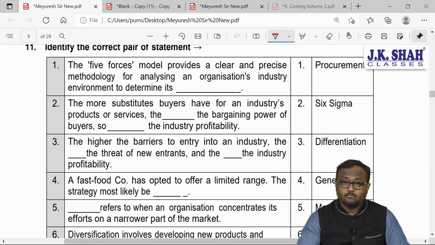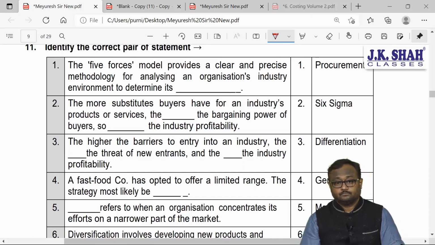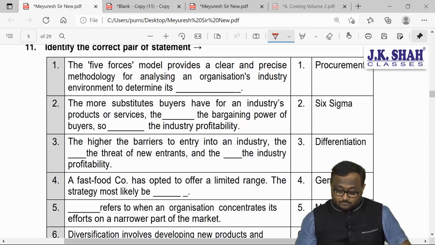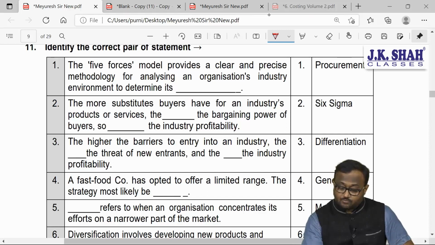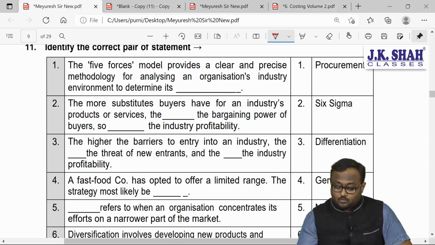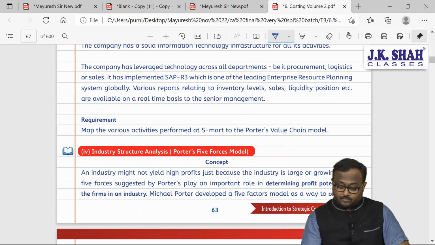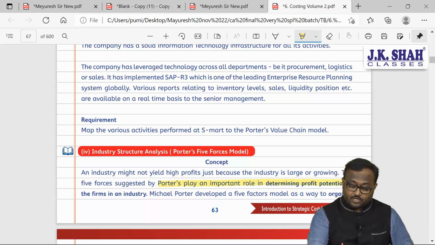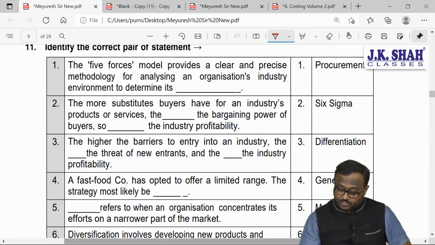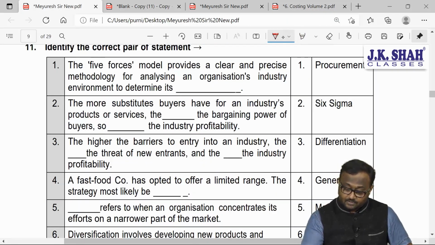To determine what? 5 forces model, Michael Porter, do you remember this? You already have this in the textbook. It is for determining profit potential of the industry. So basically it is towards profitability, which is point number 6.